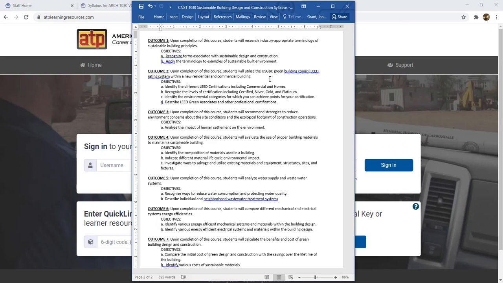We'll be looking at some of those, and also the difference between certifying a building to be LEED Platinum, Gold, Silver, or certified, as well as the LEED Green Associates, which we're working towards, and other professional certifications.